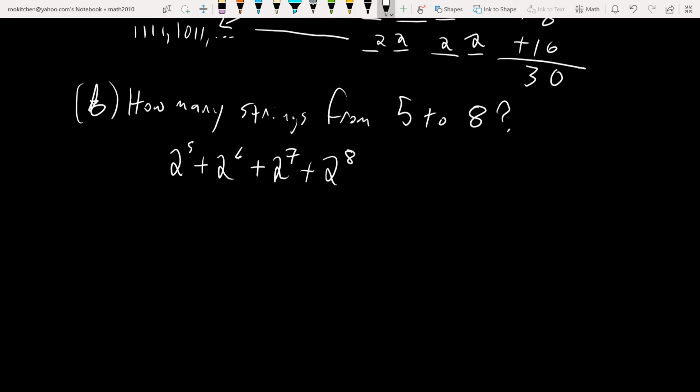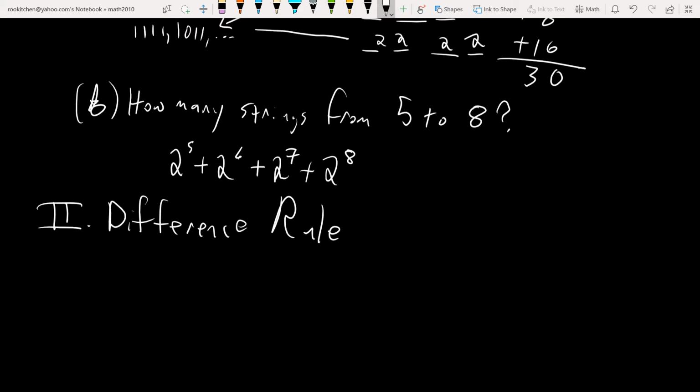Anyways, the next topic, difference rule. So if you're given a set that's a subset of another set, for example, I'll draw the Venn diagram even though I'm opposed to Venn diagrams. Let's say I have some set B, which is inside this other set A. Okay?